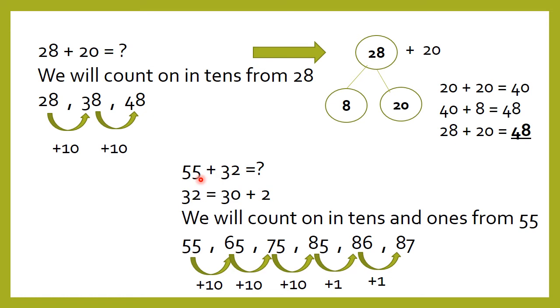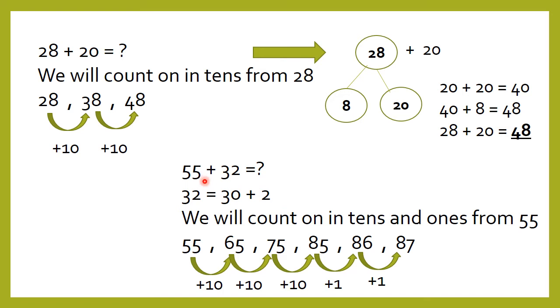Here you can see 55 plus 32. What is 55 plus 32? I cannot simply count on in ones or count on in tens. It's 32. It's not 3, 4 or 5, and it's not 10, 20, 30. So let's break 32 into two numbers, 30 and 2. So now I have 3 tens and 2 ones.